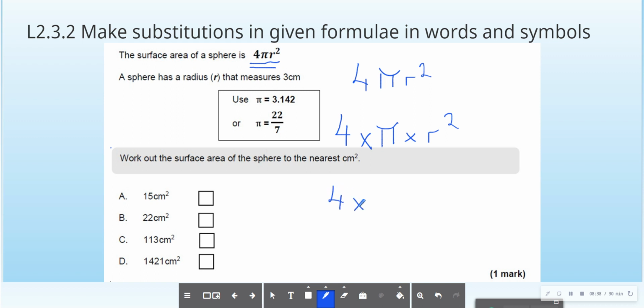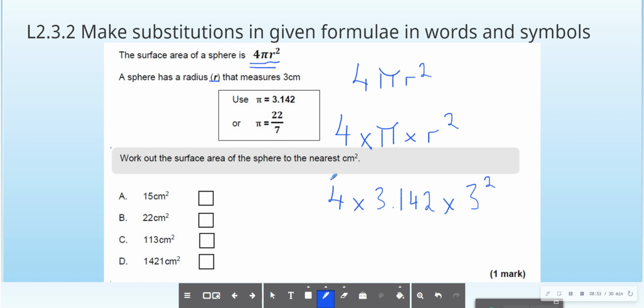4, which says is 4 because it's just a whole number. Pi, it's telling us, is 3.142. And then r is telling us, r is the radius, and it measures 3 centimeters. 3 squared.